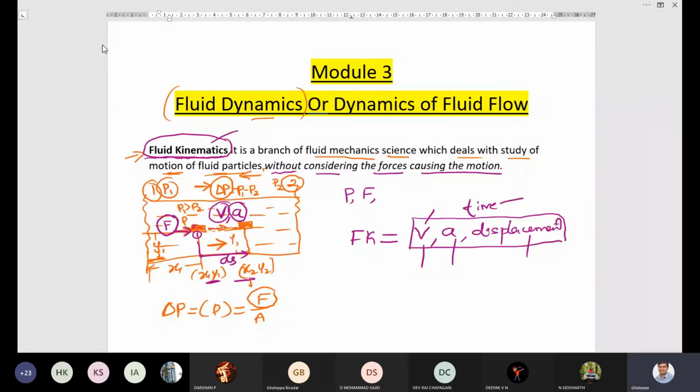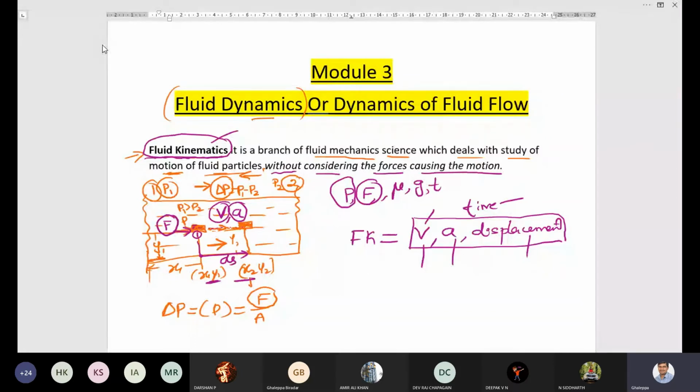We have not considered any pressure term, any force, or any other fluid properties like viscosity, gravity force, or turbulence. We discussed the definition of turbulence, but there are no equations related to turbulence.